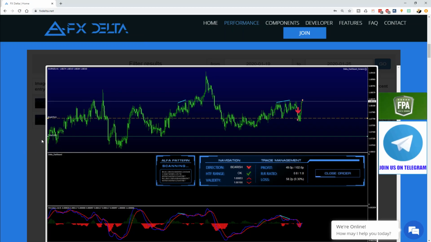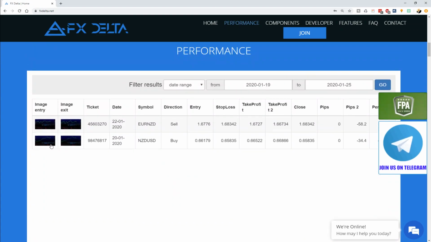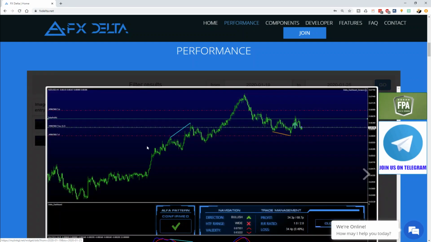Next one was Kiwi dollar. Okay, here we got the buy. It's the first time. We got the buy here, this time on the 4-hour chart.